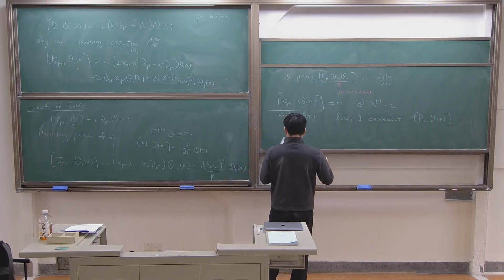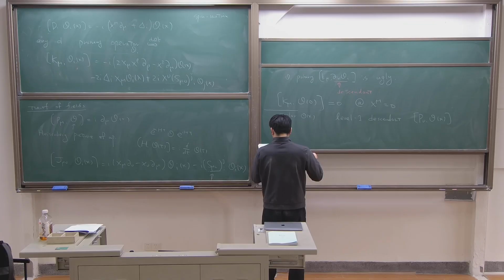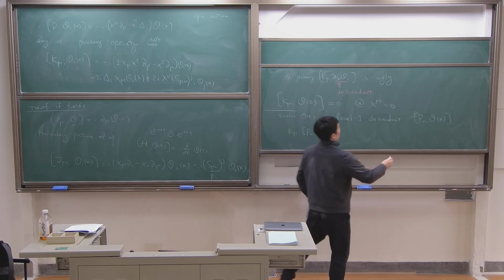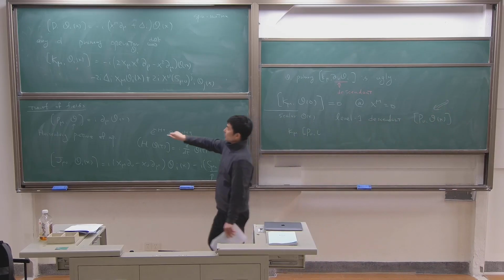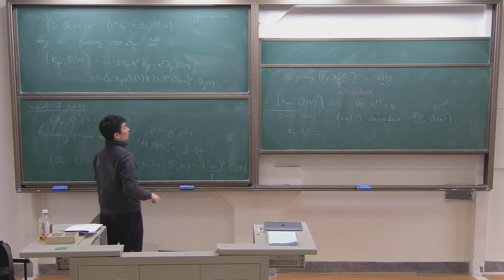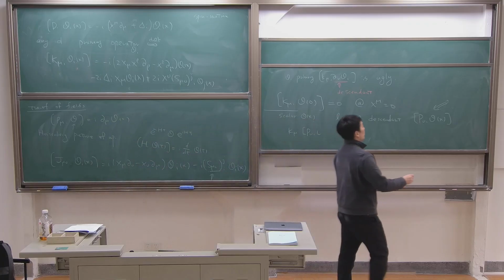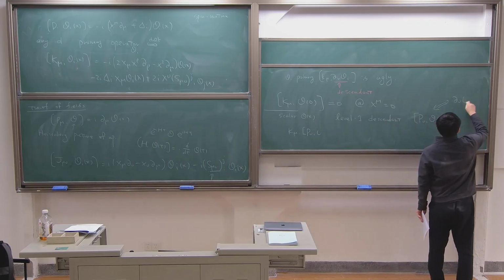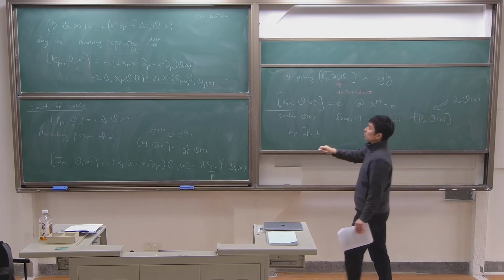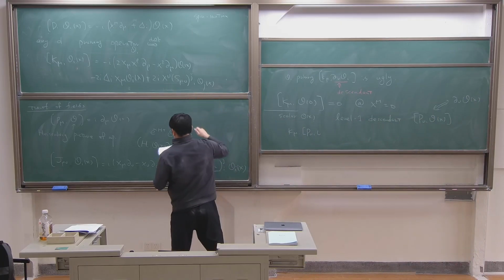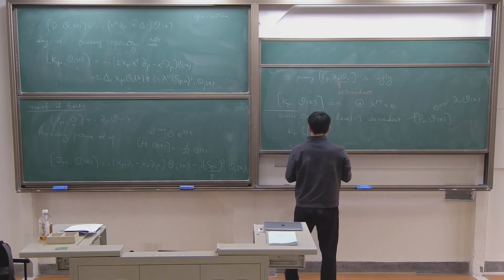Then what you get is as follows. Can you act on this operator with P nu? This corresponds to a derivative acting on the operator, right? So this corresponds to the operator partial nu acting on O of x. And O is a scalar, so you can ignore this S and so on. And you can do the following thing.